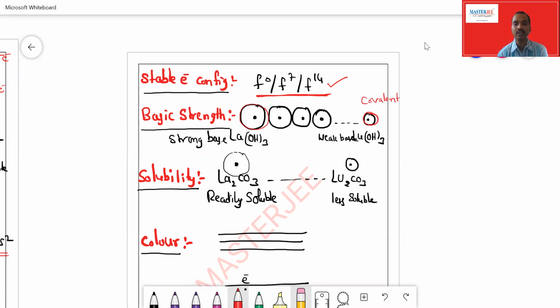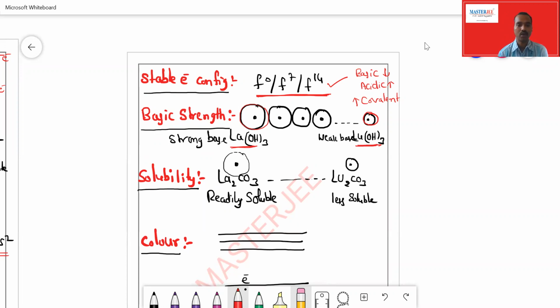When covalent nature increases, basic nature decreases and acidic nature increases. As a result, lanthanum hydroxide has strong basic nature, and lutetium hydroxide has weak basic nature.